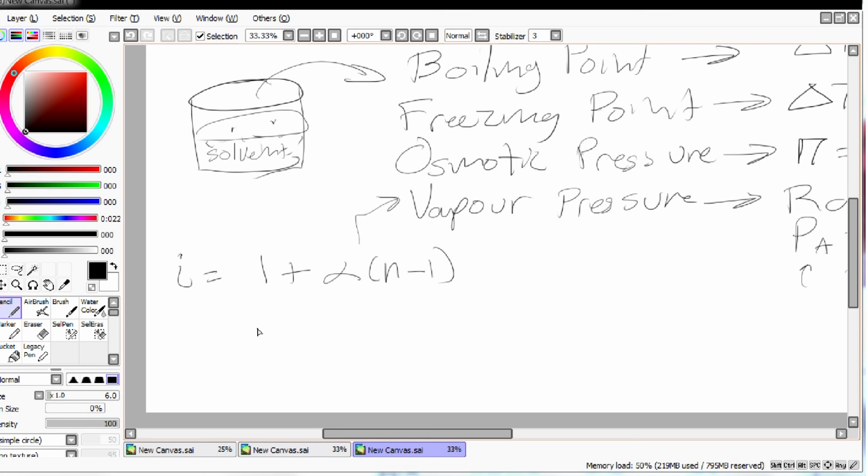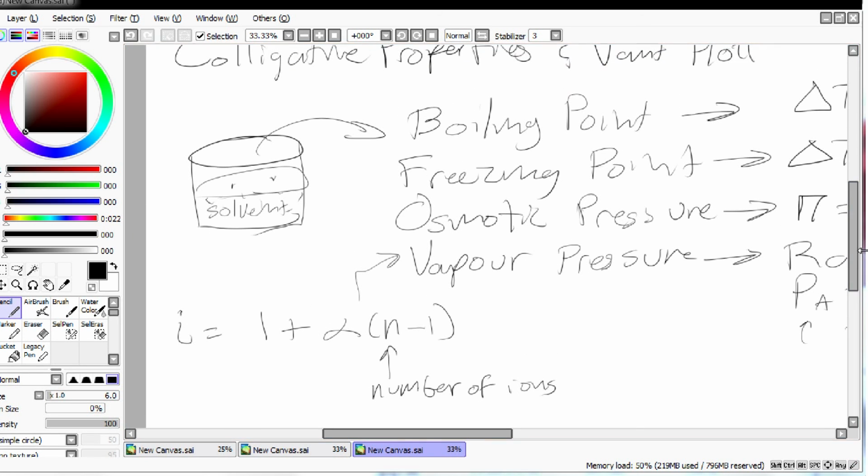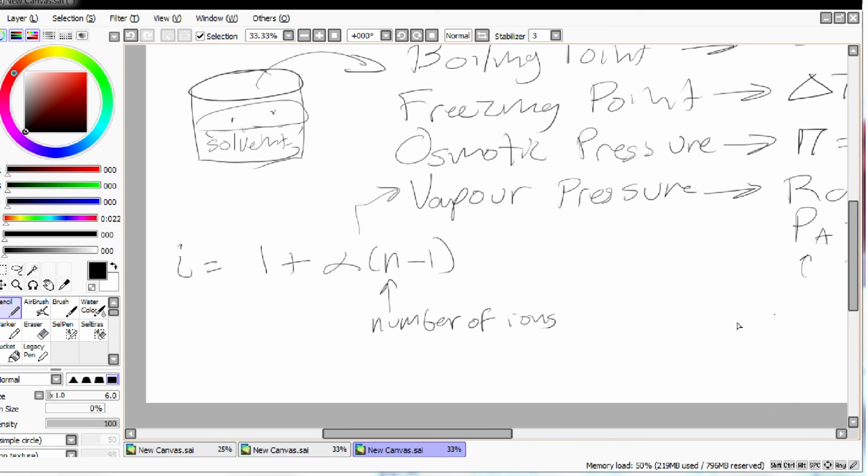Now, what is alpha and what is n? n is the number of ions that your thing splits into, the thing that goes in the solvent, the solute. And alpha is the fraction of dissociation. So how much does this dissociate in comparison to the whole?